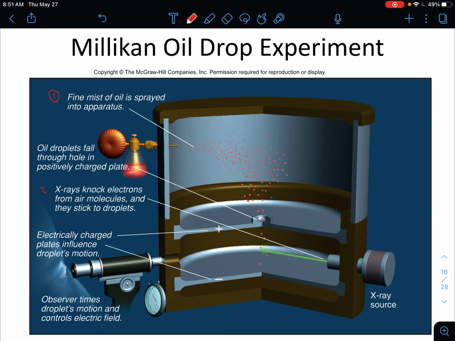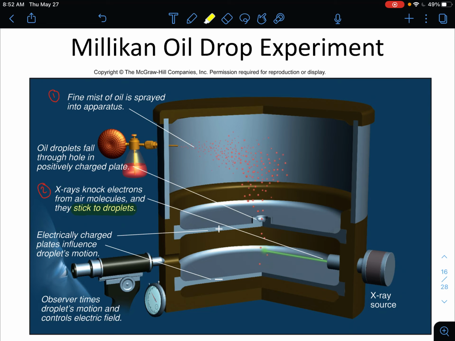And he's able to shoot X-rays at the top chamber, and essentially what happens with the X-rays is they're interacting with air molecules, whatever they may be, in that upper chamber, and causing electrons to eject off of the surface of the air molecules, and then these electrons end up sticking to the oil droplets.